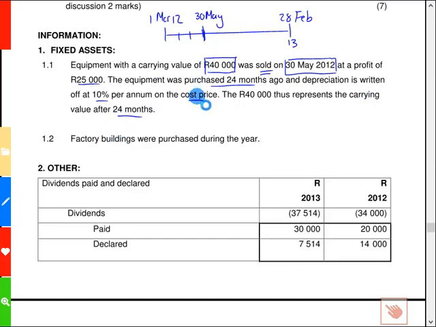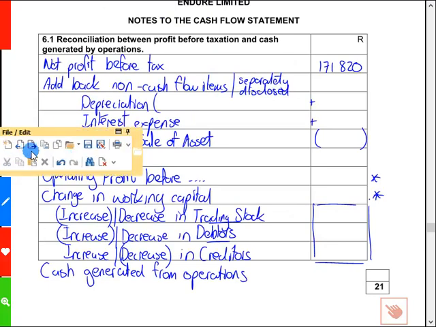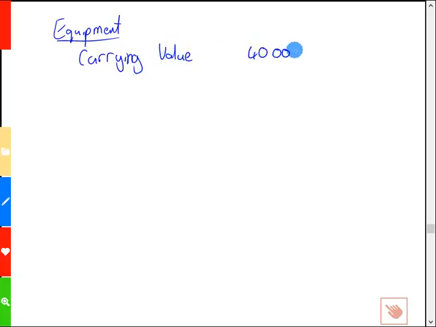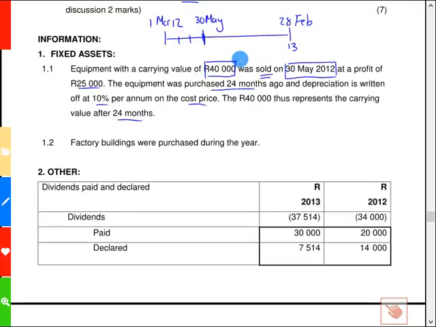Now again, you open yourself a little calculation. So we know we've got equipment with a carrying value, and it often helps just to start putting down what you know. The carrying value is 40,000 Rand. What else do we know?